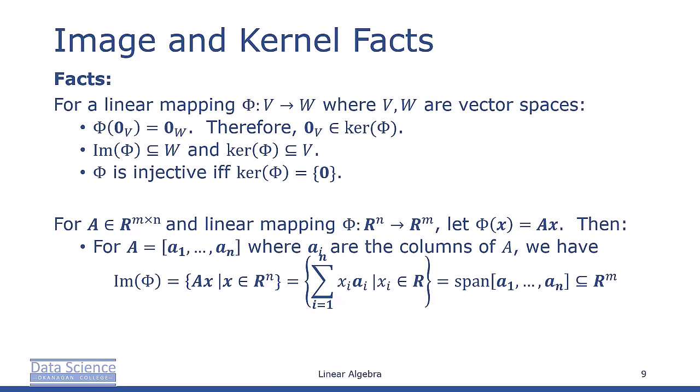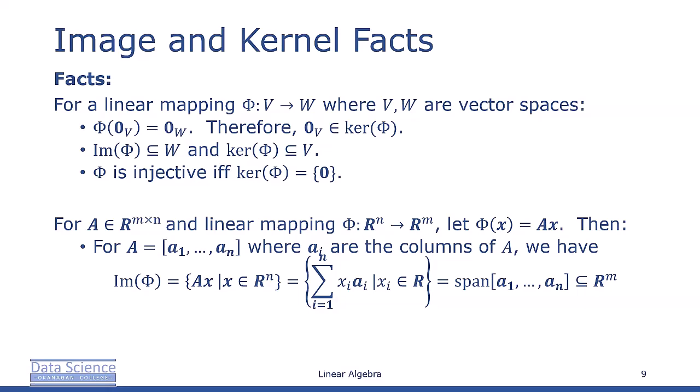Then for A, the matrix [a1 through an], where the ai are the columns of A, we have the image of phi is equal to the set of Ax, which is equal to the sum of xi times ai for all xi in R, which is the span of our column vectors a1 through an, which is a subset of R^m.